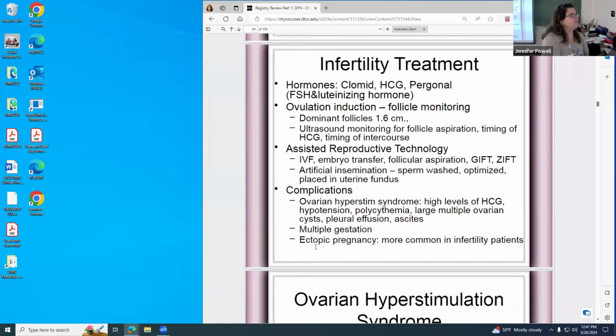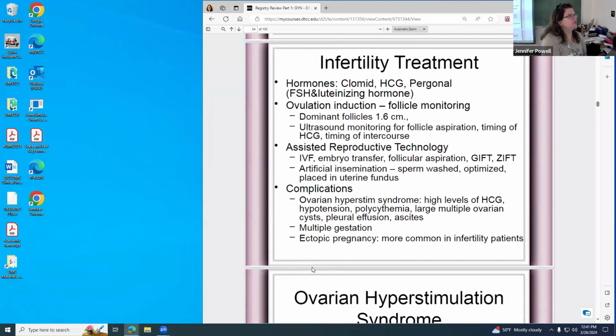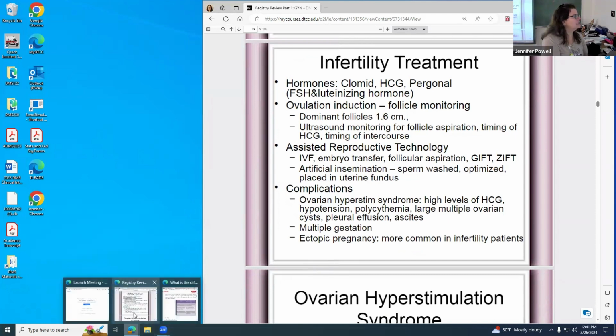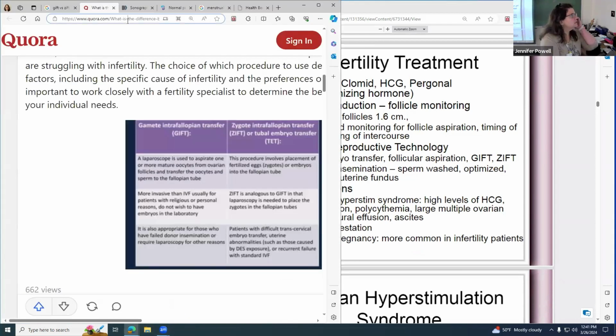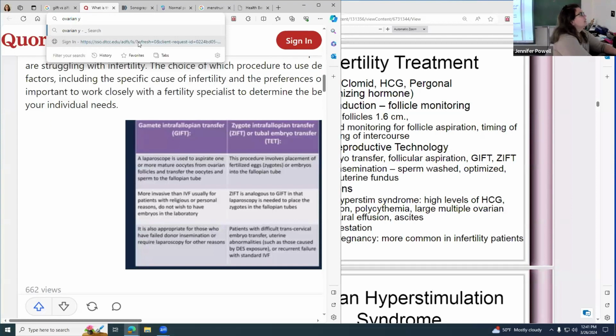Complications: ovarian hyperstimulation syndrome, high levels of HCG, hypotension, polycythemia, large multiple ovarian cysts, pleural effusion, and ascites. Have you ever seen ovarian hyperstimulation on ultrasound?